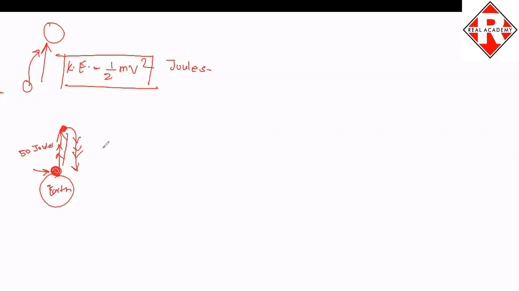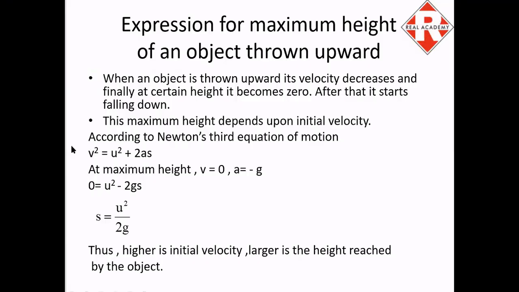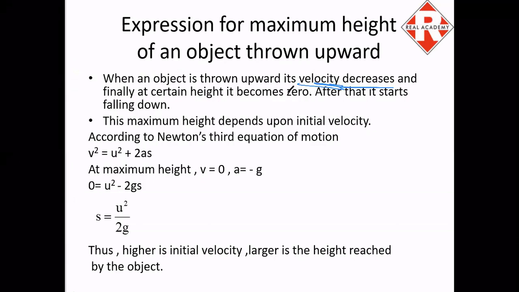So now up to what maximum height this ball can travel is given by this particular equation of motion. So can you see, when an object is thrown upwards, its velocity decreases and finally at a certain height it becomes zero, right? Initial velocity will be very high, and gradually as it goes upward its velocity will keep decreasing, and at some point it will stop at certain height, the velocity will become completely zero and it will start falling downwards.